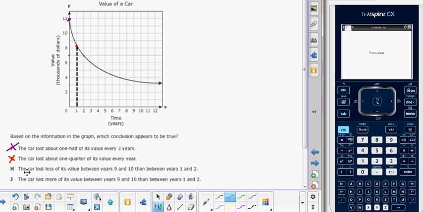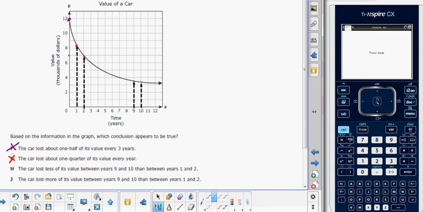Anyway, they said the car loses less value between 9 and 10 than between 1 and 2. So this is between 1 and 2, let me highlight it for you. And this is between 9 and 10.